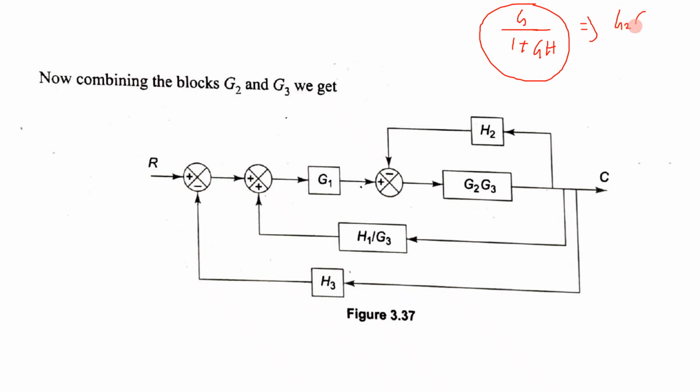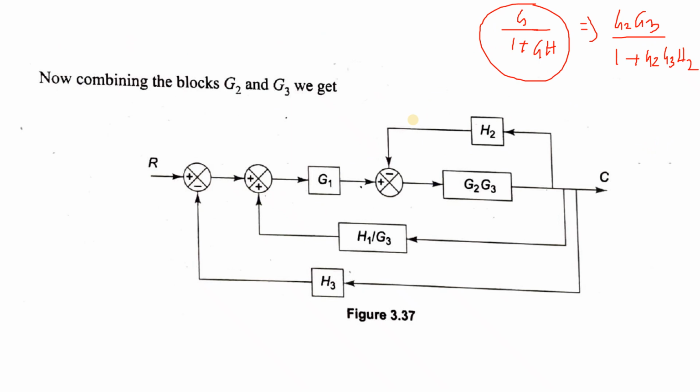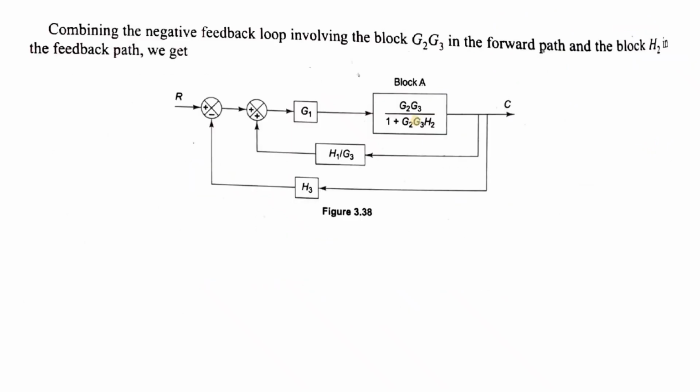So we will put the same thing: in place of G, we will write G2 G3, so it becomes G2 G3 by 1 plus G2 G3 H2.